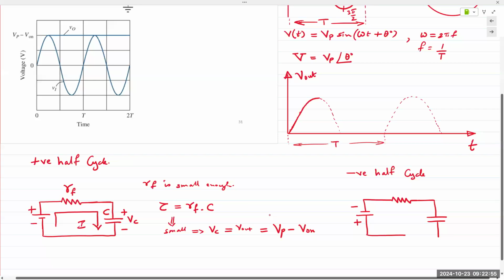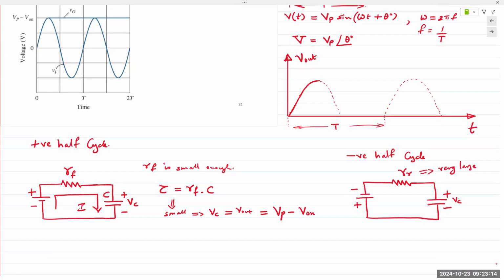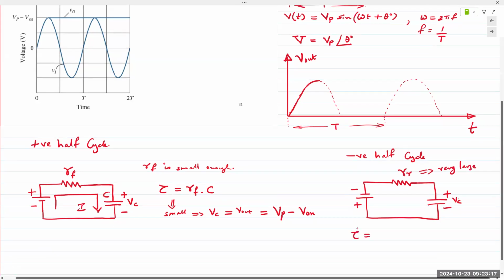Capacitor, which was charged, now begins its discharge. And this is reverse resistance. And it's a very large value. So the time constant tau for discharge is now RR times C, which is again a large value.